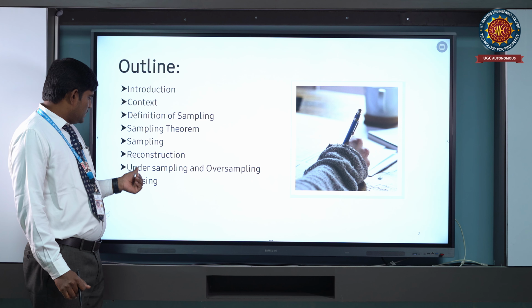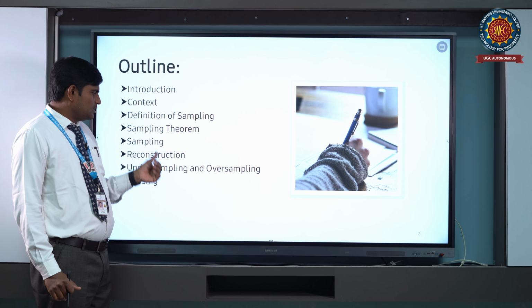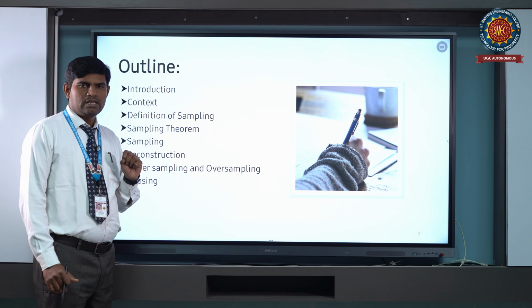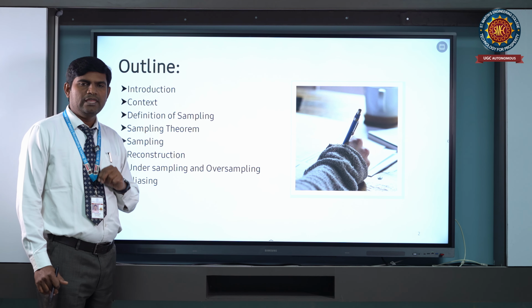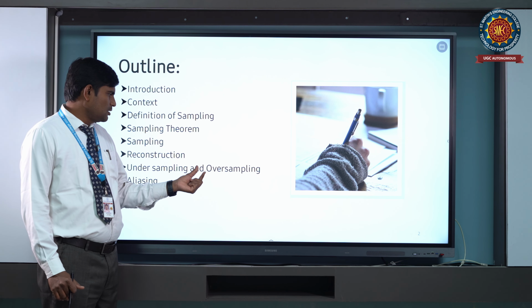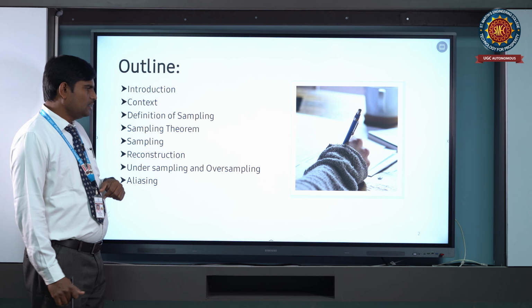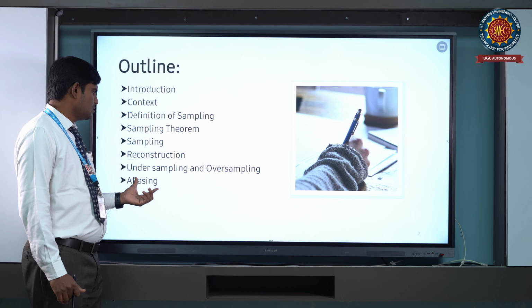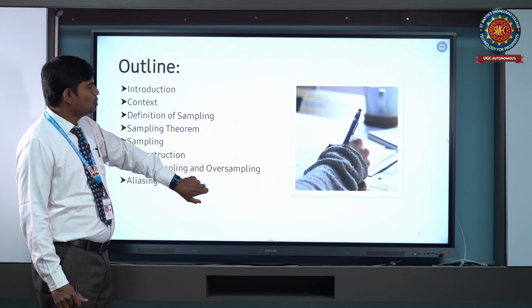Next are the special cases of the sampling theorem, three cases we are going to consider: Nyquist sampling, undersampling, and oversampling. And undersampling leads to aliasing. That is the last content of today's topic.